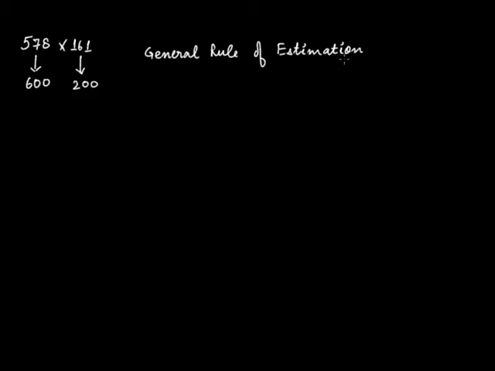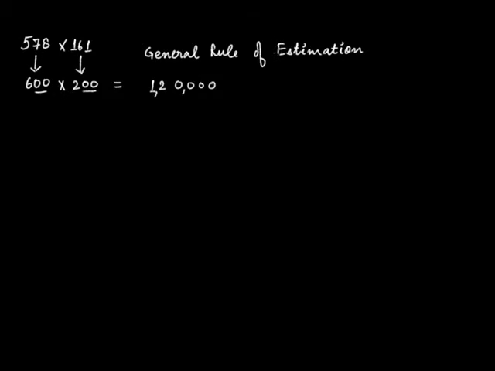So the general rule of estimation makes 578 into 600 and 161 into 200. Now if you multiply 600 by 200, you have 4 zeros, so 1, 2, 3 and 4. 6 times 2 is 12, so you'll put commas, and this is 1,20,000, by applying the general rule of estimation.